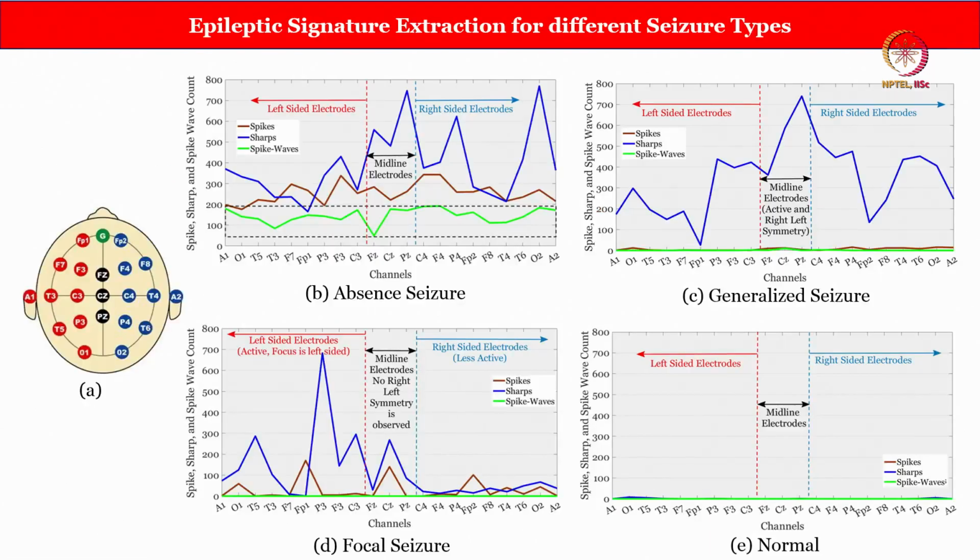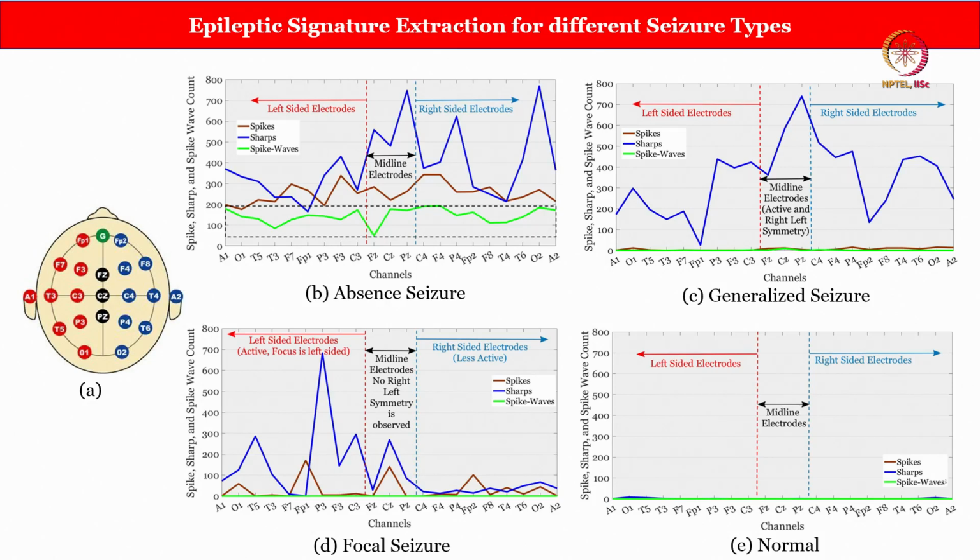Now, when we did that for a lot of subjects, more than 80, what we found is that if we put the channel number on the x axis and the spike, sharps and spike wave count on the y axis, then now you know, right, how we can calculate.